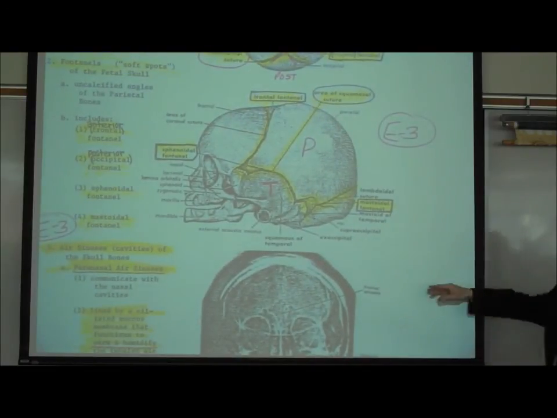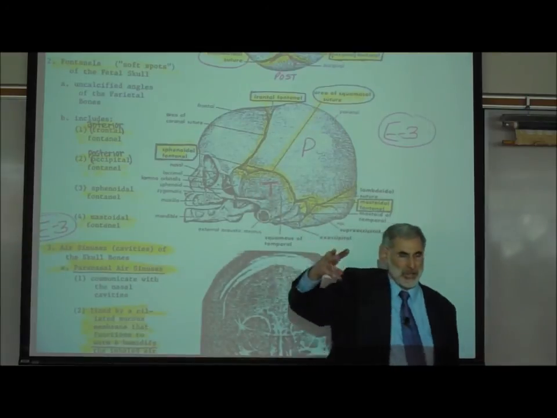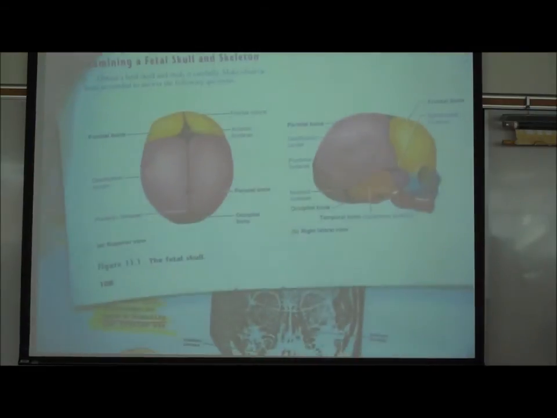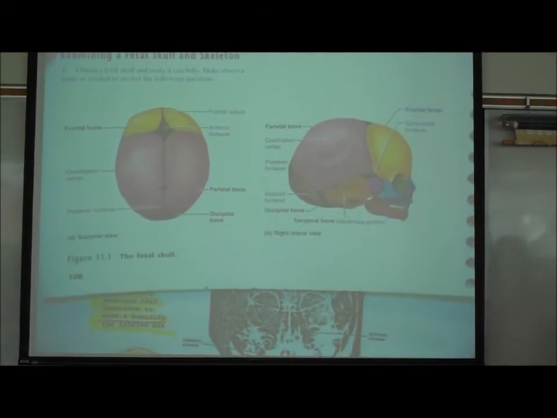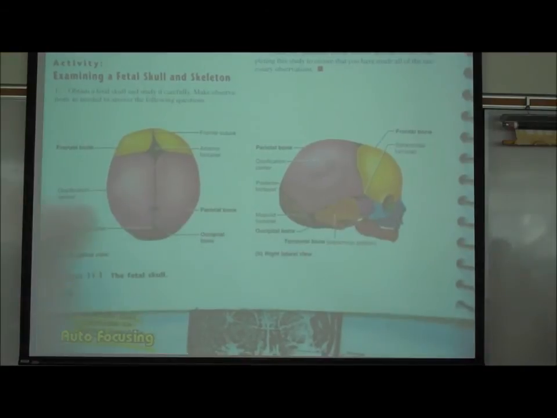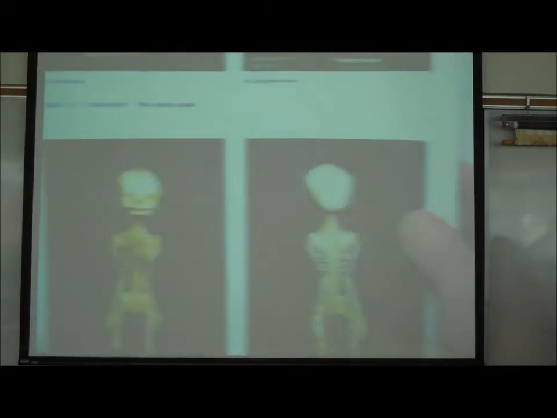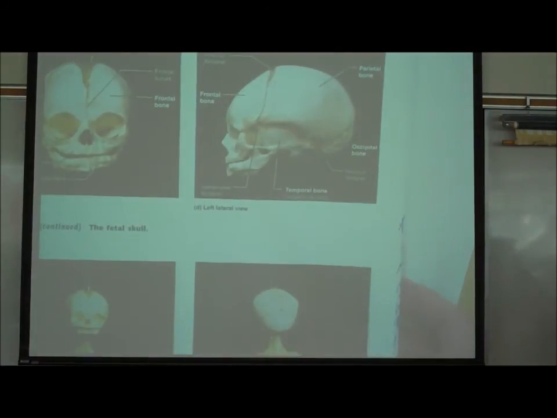It showed these fontanelles or soft spots on the fetal skull. And in your lab manual, it says the fetal skull, and you'll notice it has the pictures in color. So all this stuff is here for you. It's got actual photographs of the fetal skull as well.